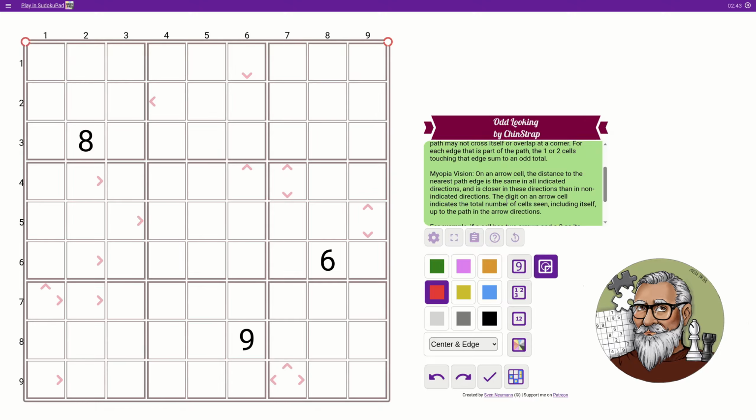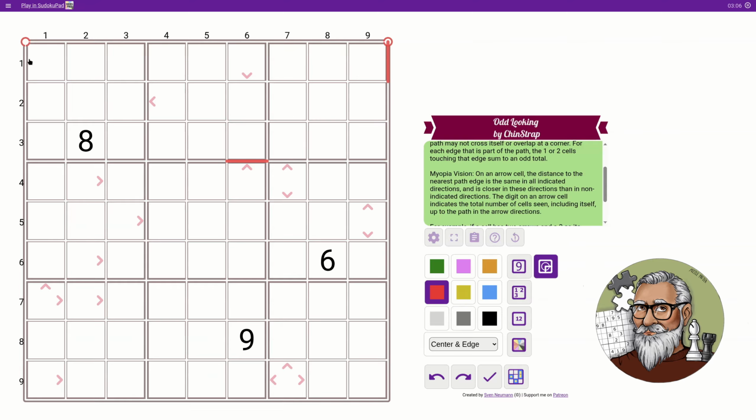And is closer in these directions than in non-indicated directions. Right, so that's what we can do here. So what does that mean? So if the path here passes there for this cell, it's not allowed to pass in any of those, and it would have to pass there.